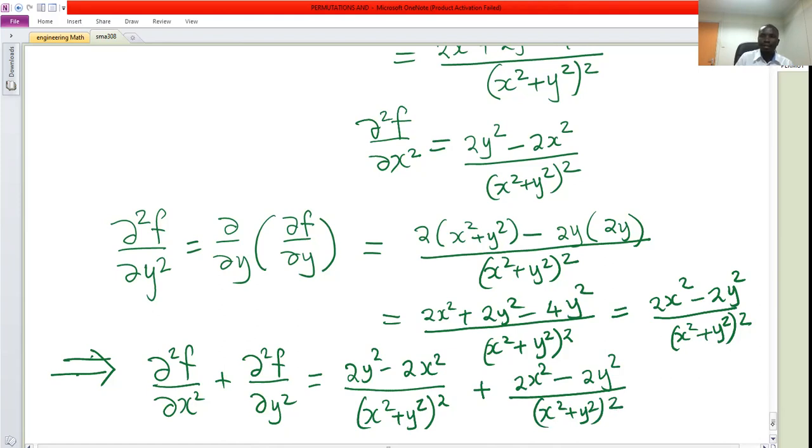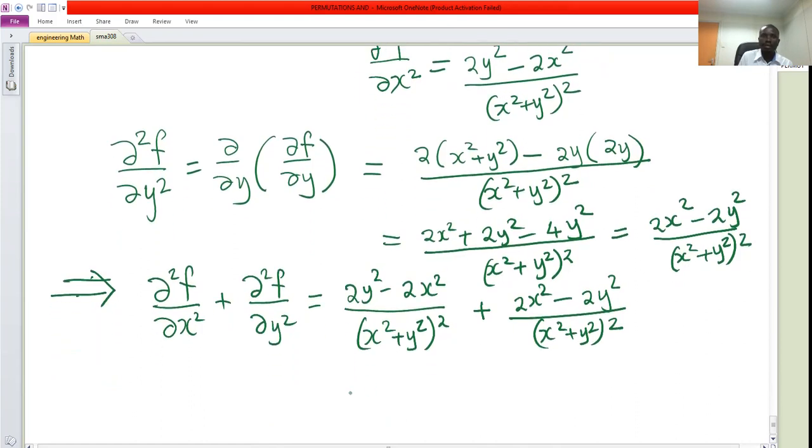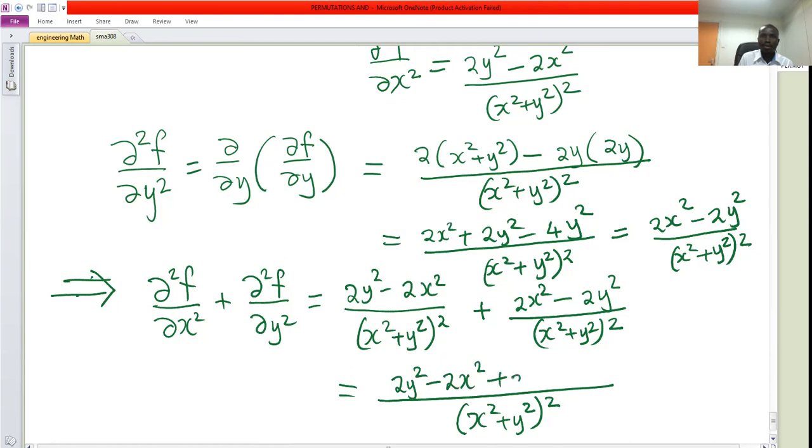Now you see these two fractions have the same denominator, so put them under one, x squared plus y squared, squared. So this would just be 2y squared minus 2x squared plus 2x squared minus 2y squared.